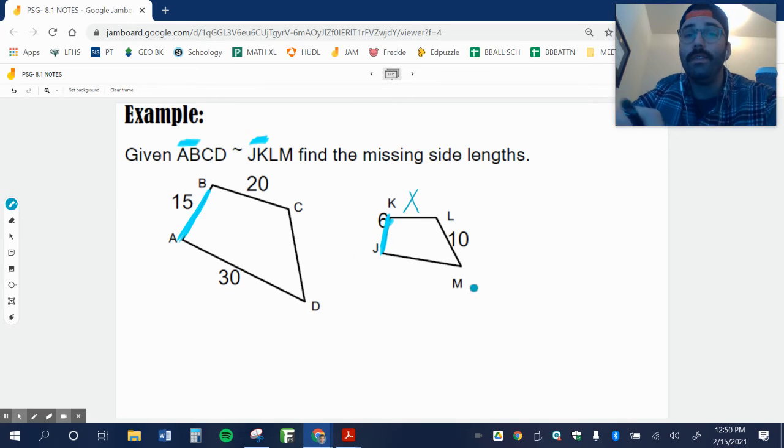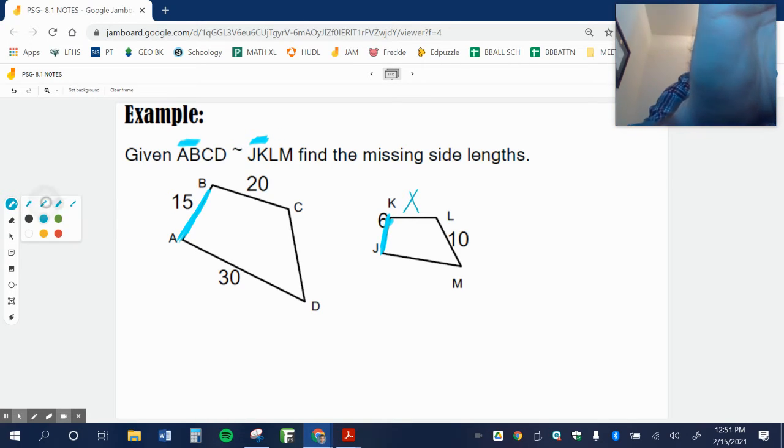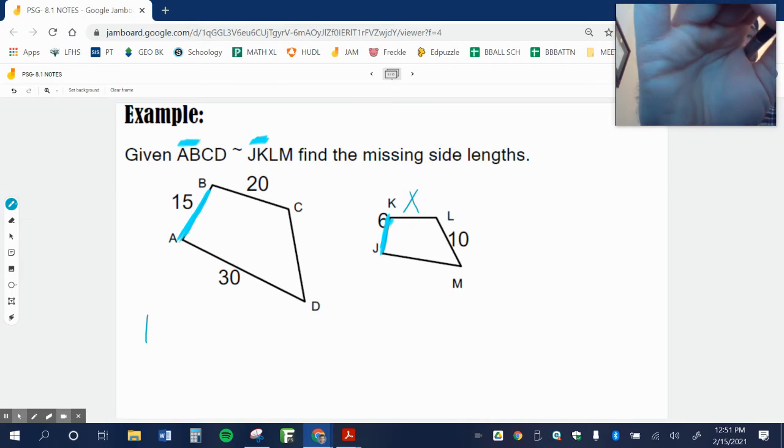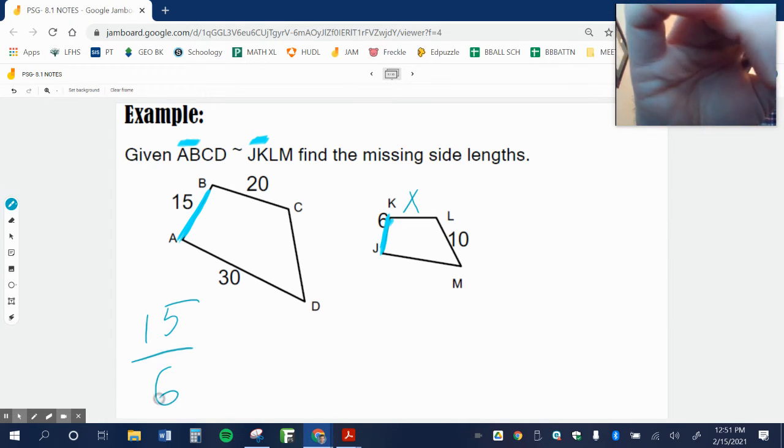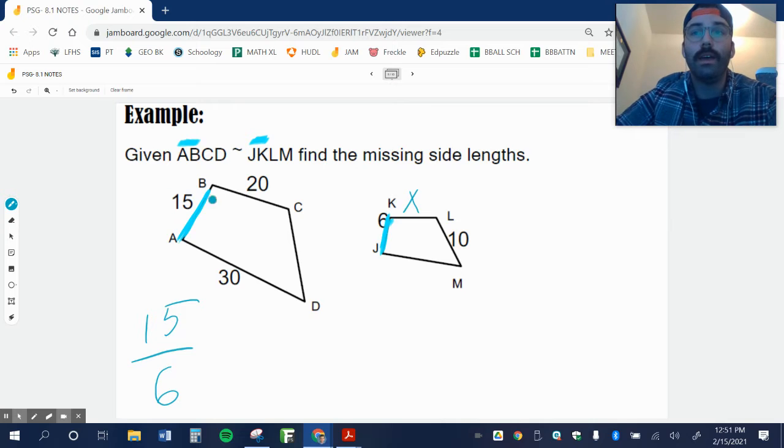Now, obviously, these are oriented pretty much the same way. They could be rotated, so that's why I want to emphasize the order in which the letters appear. AB is the first two, JK is the first two. So I can set up a ratio using those two sides, 15 over 6. I go from left to right, big to small.